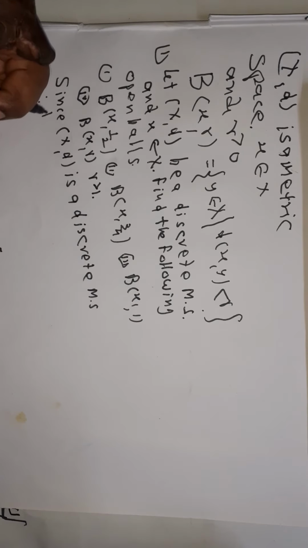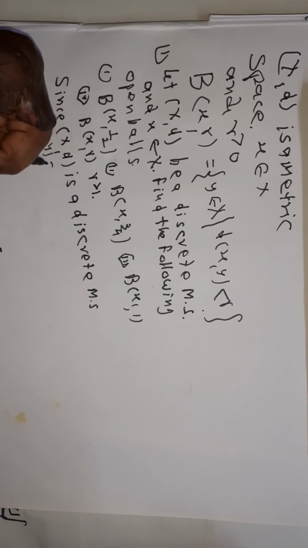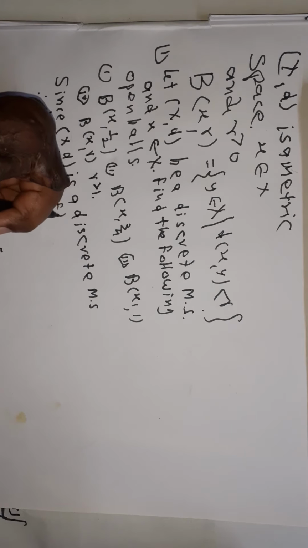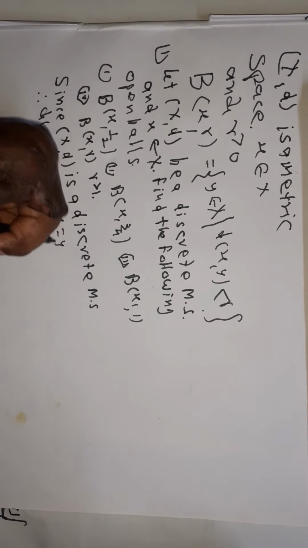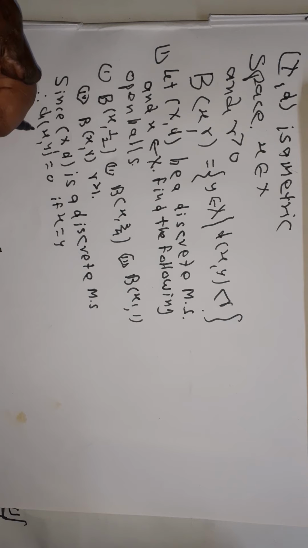One, the distance between the points x and y is equal to 0 if x is equal to y, that is, if x and y are the same element of X. This is one value of the distance.